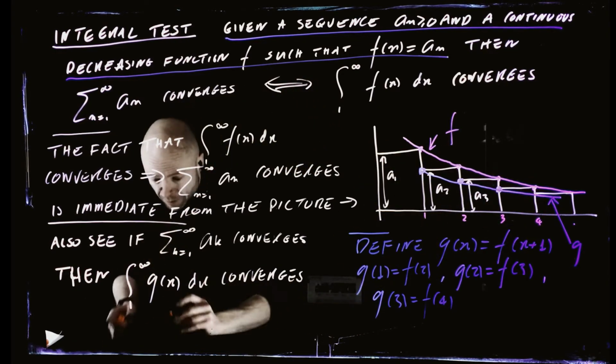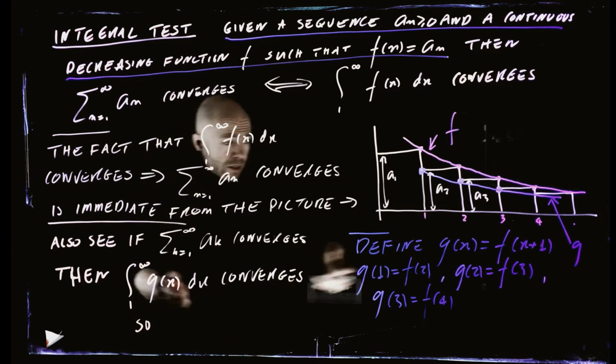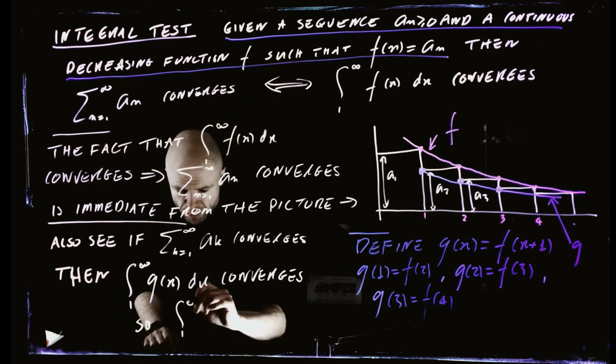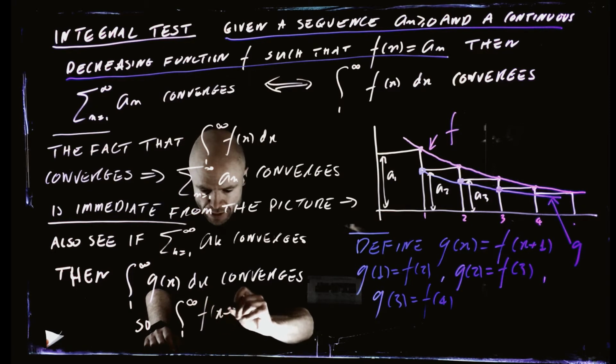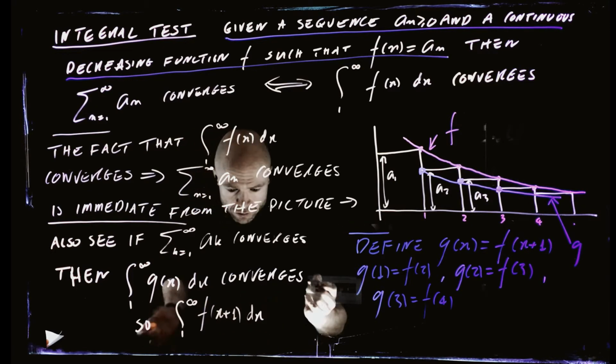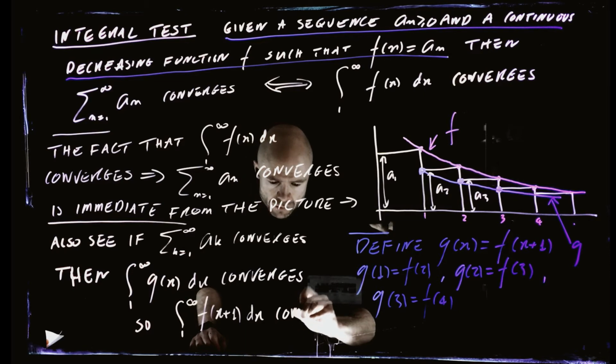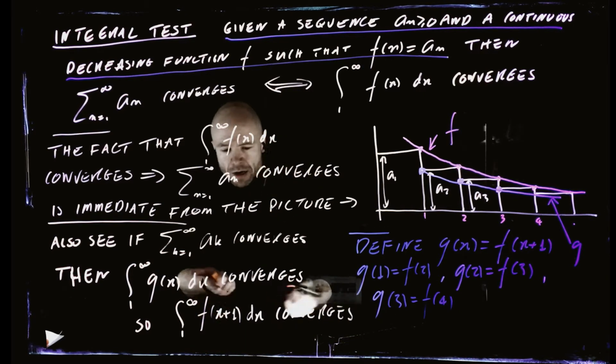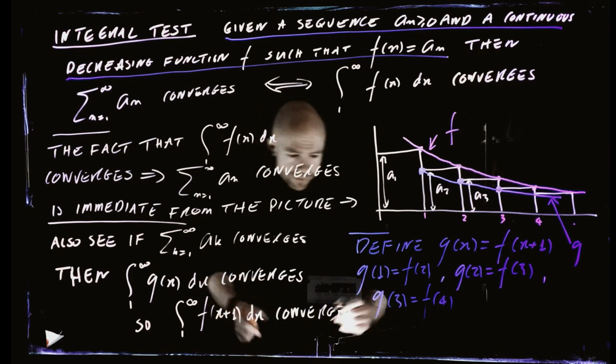But what is this thing? This thing is nothing but just f shifted forward. So the integral from 1 to infinity of f of x plus 1 dx converges. But then we can just do a change of variable and let u be x plus 1.